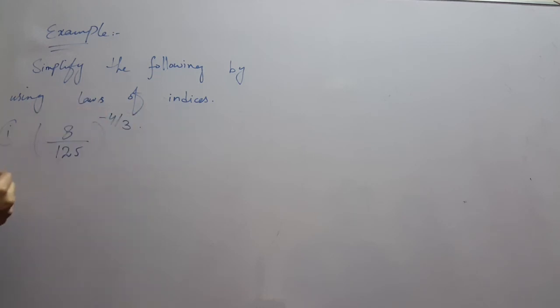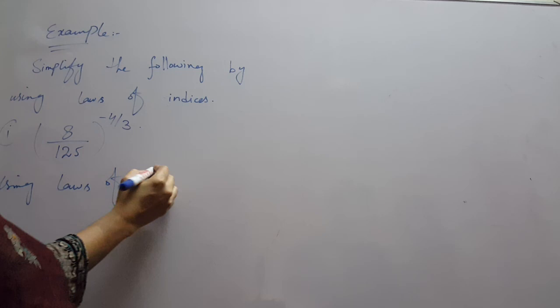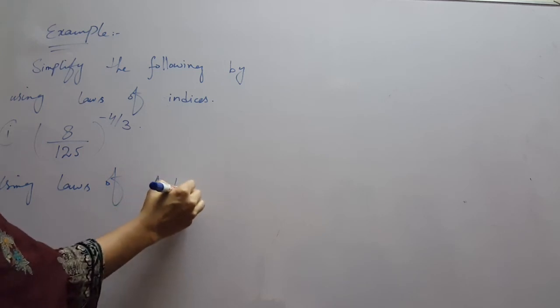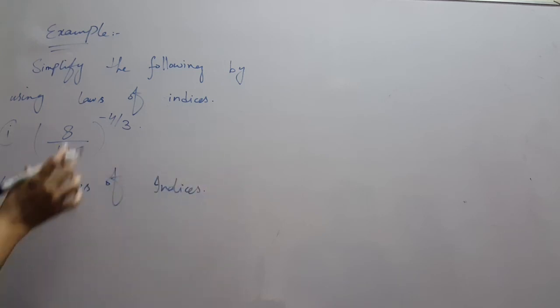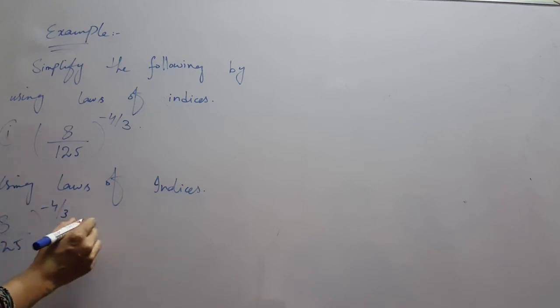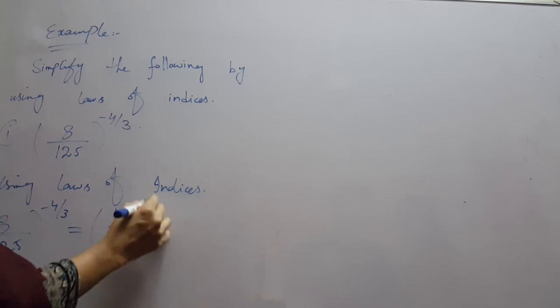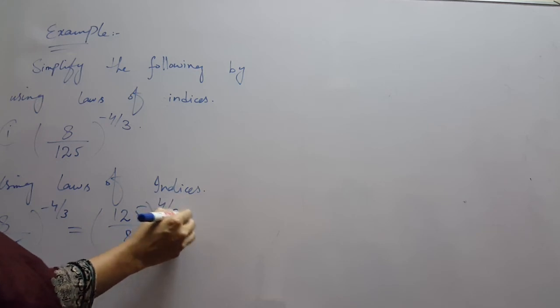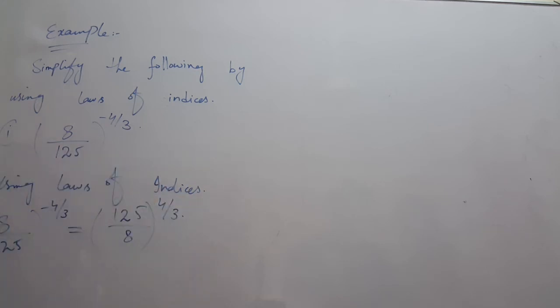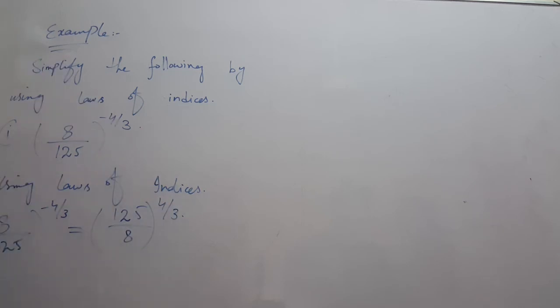So we solve this. Using law of indices, we have 8 divided by 125 whole power minus 4 by 3, and it will be equal to 125 divided by 8 whole power 4 by 3, because when we change the denominator to numerator, the power will be positive.